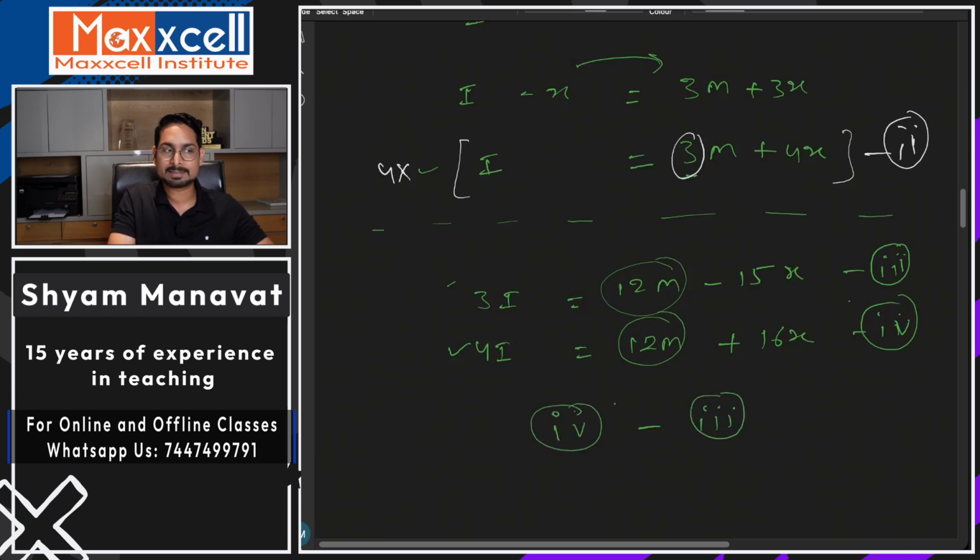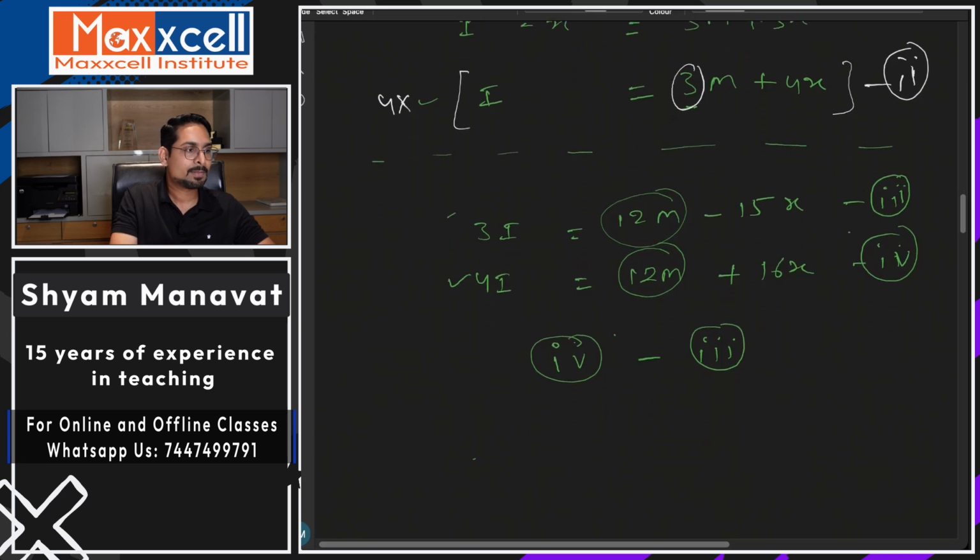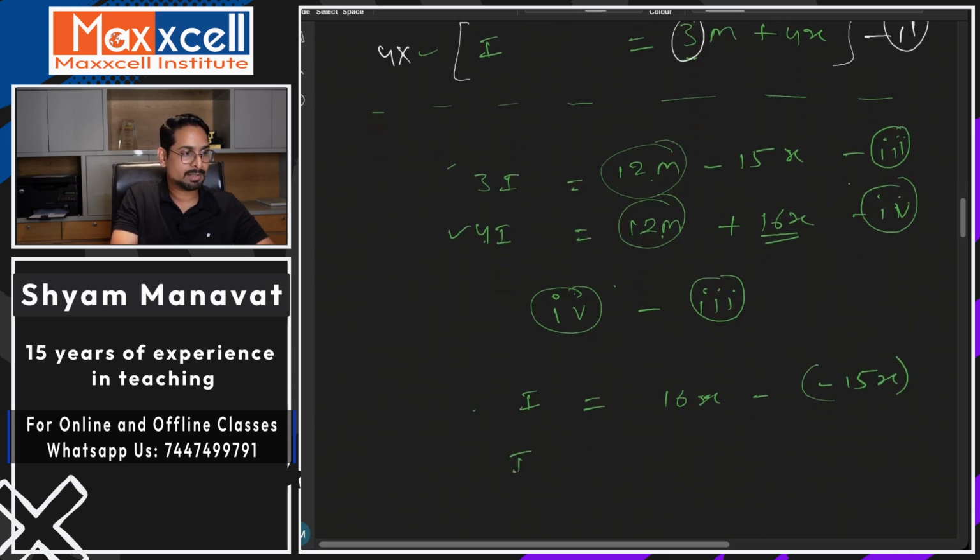Then 4I minus 3I is I equal to 12m minus 12m is gone, and 16x minus of minus 15x. You need to take the sign along with the coefficient as it is. So you have I equal to 16x, minus into minus will become plus, so 16x plus 15x will become 31x. Are you okay with this?